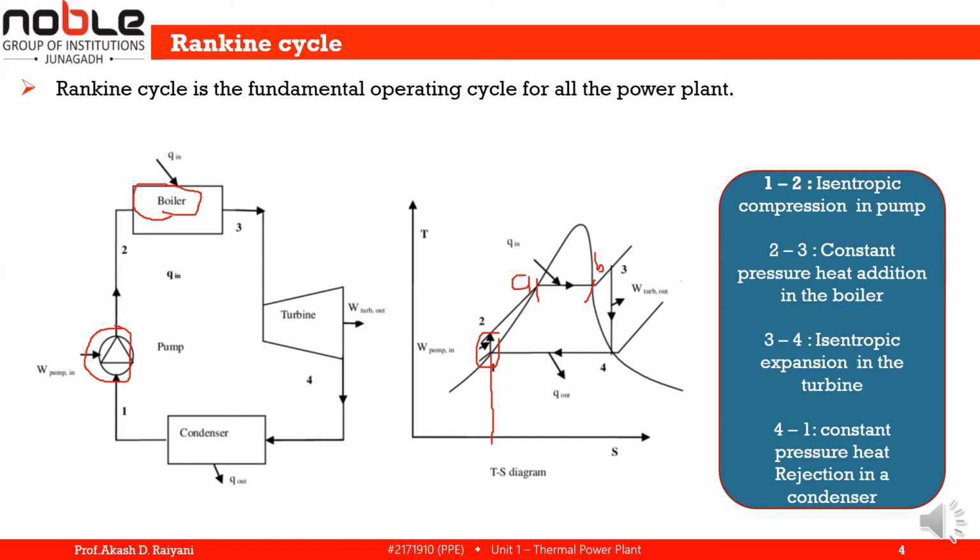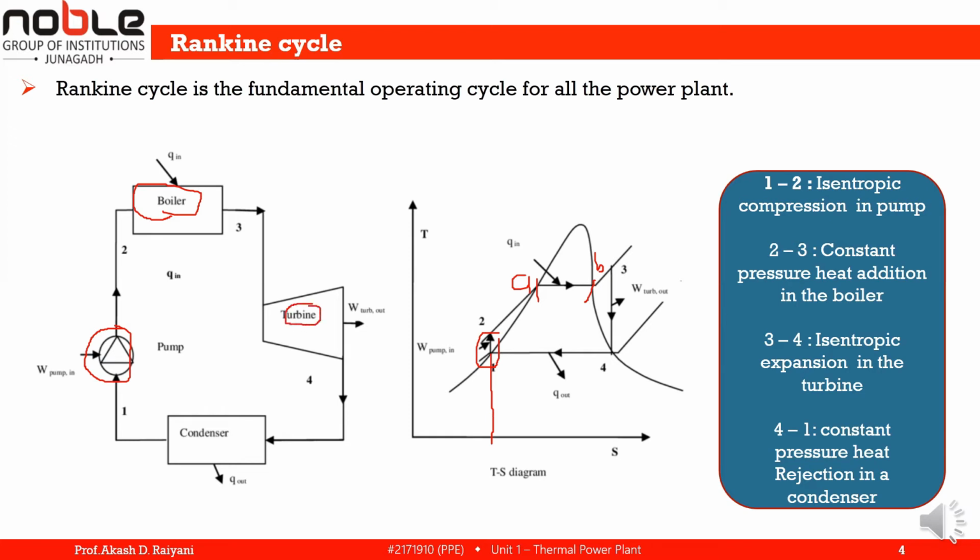During the A to B process, only phase change takes place and temperature remains constant. So, it is a latent heat addition process. During the B to 3 process, if we further add heat into the boiler, then it is converted into superheated steam.